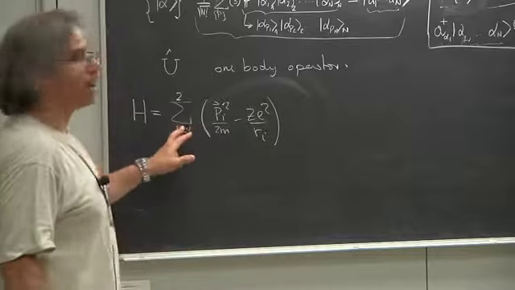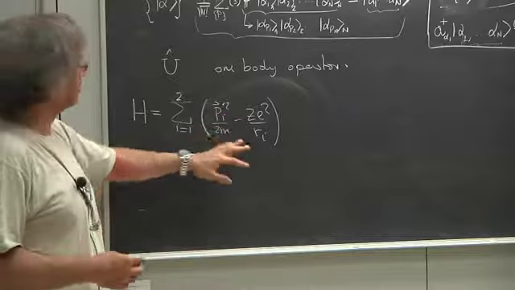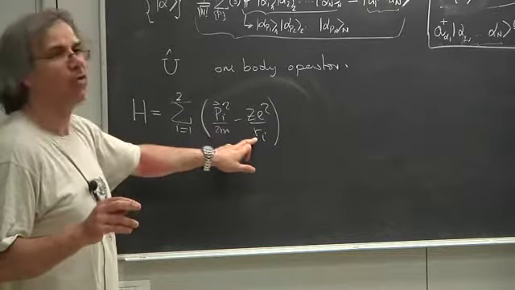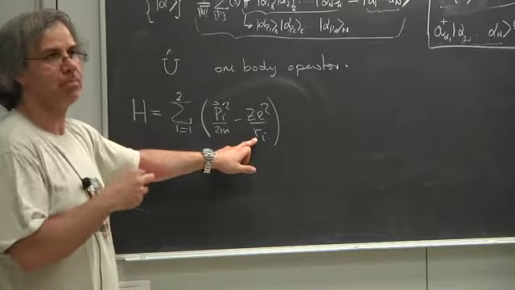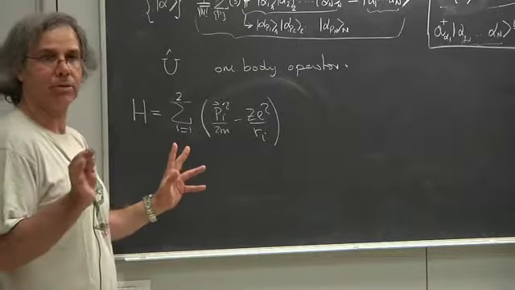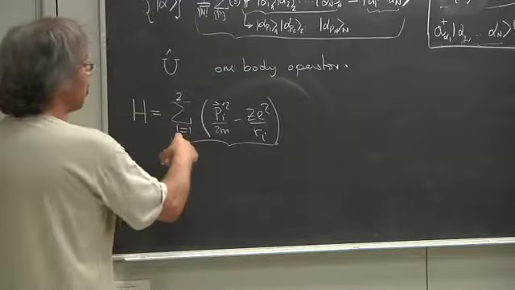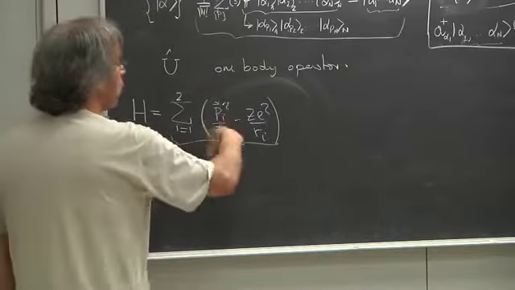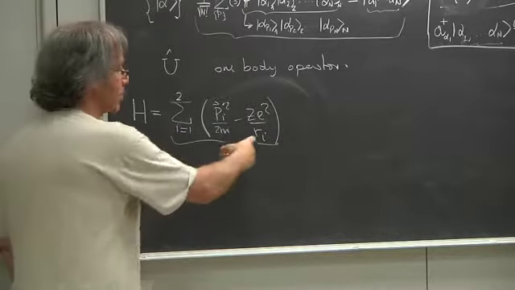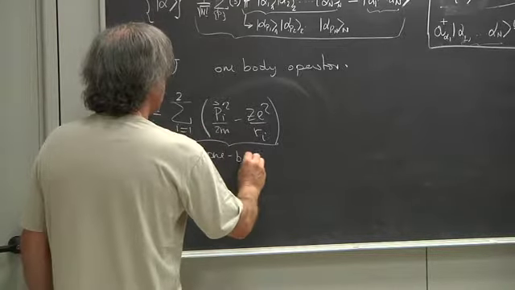So you see this object looks like a sum over several, at this level, independent variables, the p and the r of each single electron, without any interaction between the particles, okay? So whenever an operator looks like this, a sum over all i's of operators that depend only on the i variables, r_i and p_i, then this is called one-body, okay?